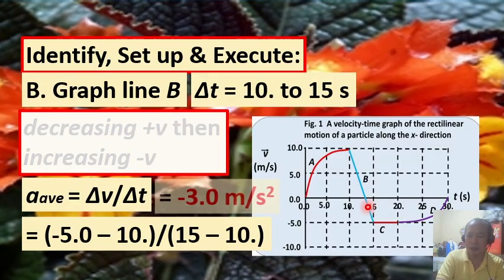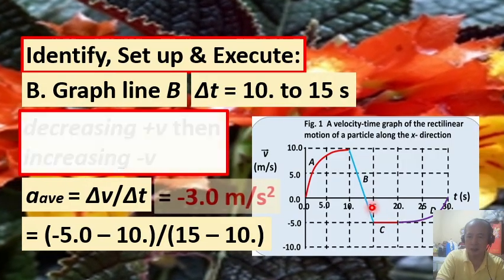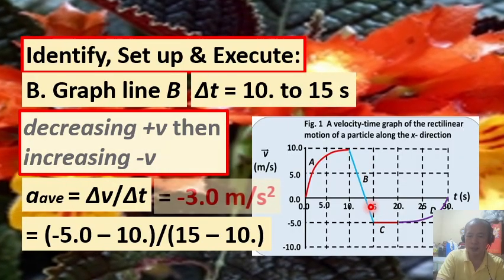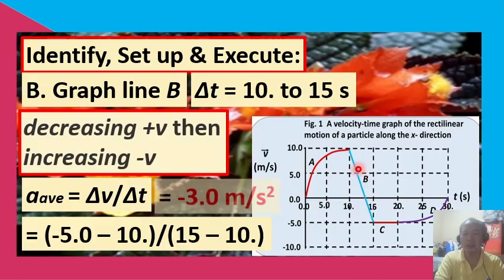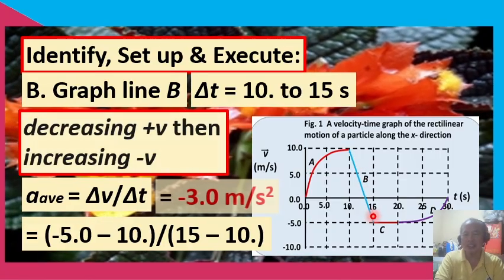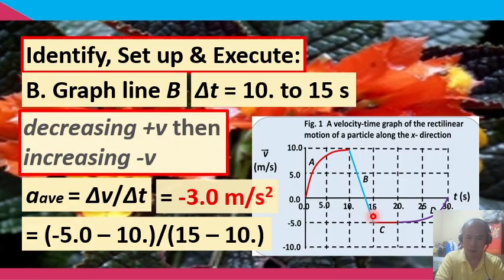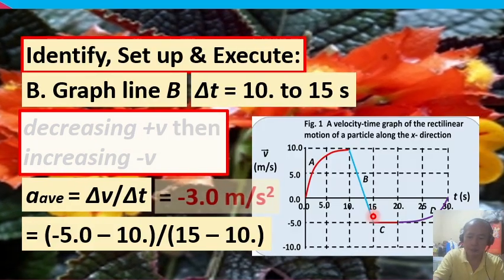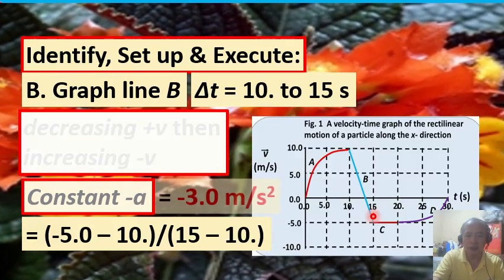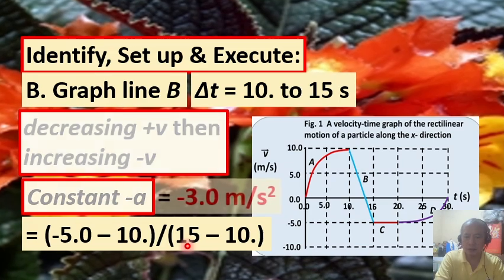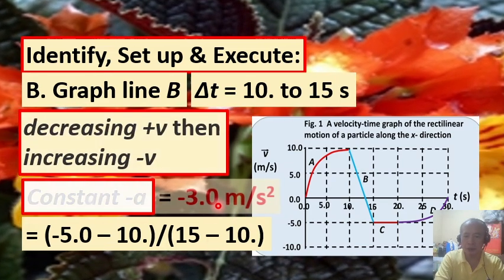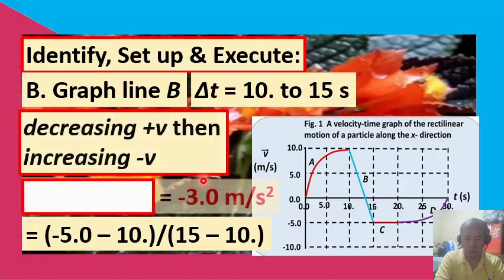But since the graph line is straight, at any point within this graph line, we say that the instantaneous acceleration is the same. All right. That's why we say that the acceleration is constant. All right. Equal to negative 3.0 meters per second squared.